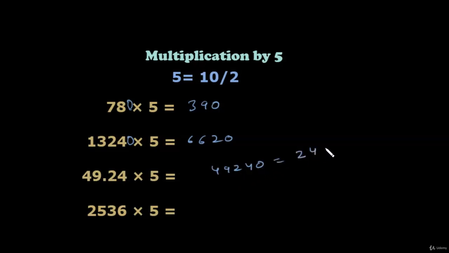That is 24620. And now we will place the decimal, leaving 2 places from the right. So the answer is 246.20. Now for this number also, we will just place a 0 after the number and then write the half of this number, that is 12680.